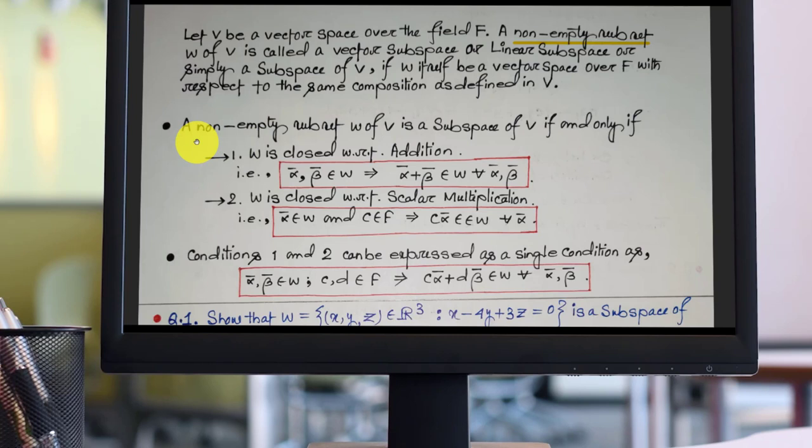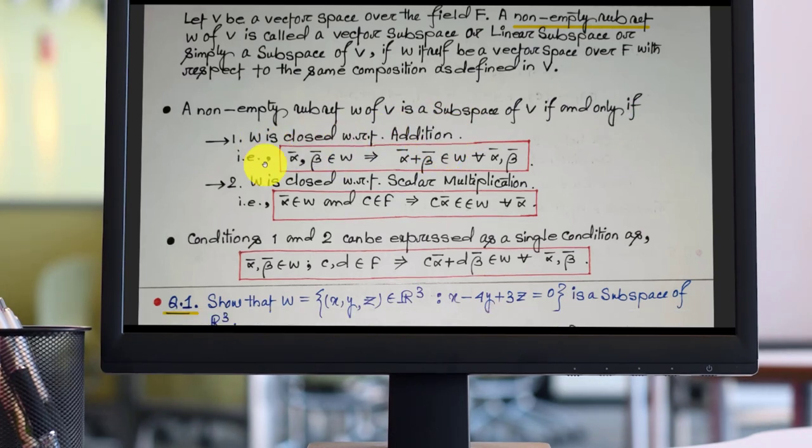So the conditions are: a non-empty subset W of V is a subspace of V if and only if W is closed with respect to addition, that is, if alpha, beta belong to W implies alpha plus beta belongs to W for all alpha, beta; and W is closed with respect to scalar multiplication, that is, alpha belongs to W and C belongs to F, F meaning the set of scalars or field, then together this implies C alpha belongs to W for all alpha.